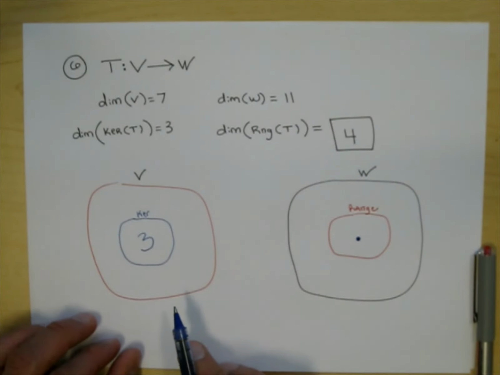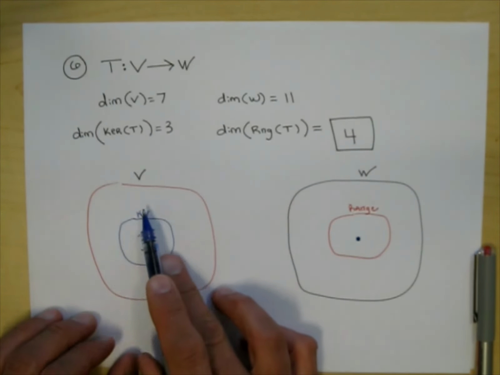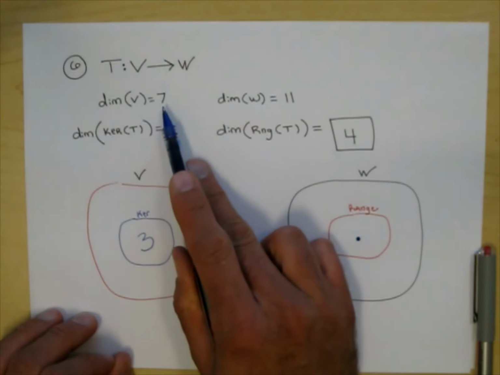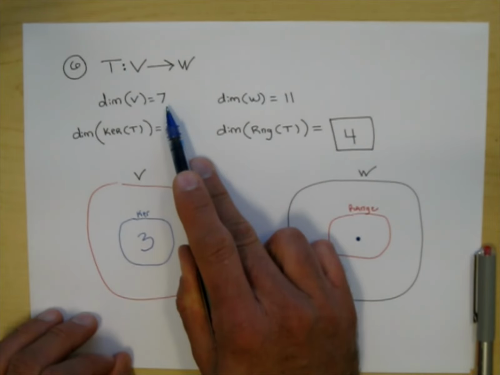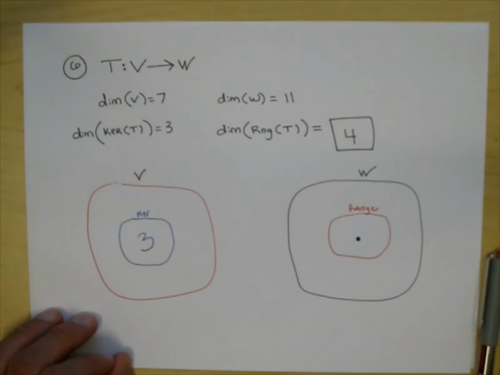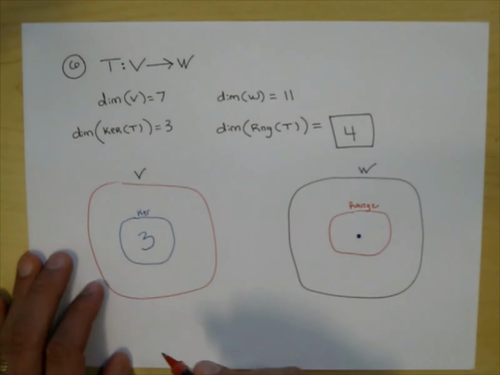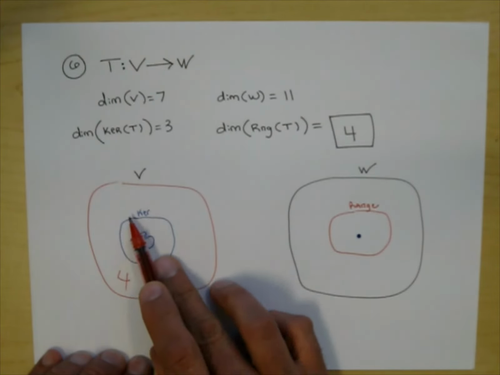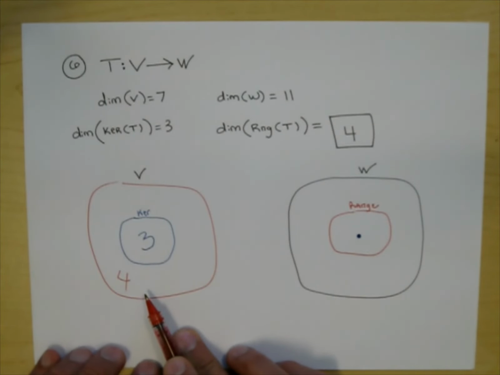But the dimension of V happens to be bigger than 3, isn't it? The dimension of V is 7. So you know what I'm going to do, and this will make some mathematicians feel a little uncomfortable. I'm going to put a 4 out here. Now, that disk does not make a vector space.